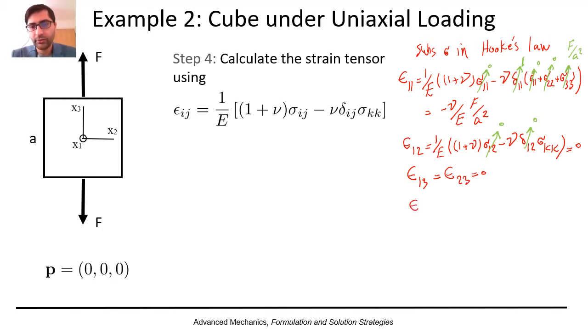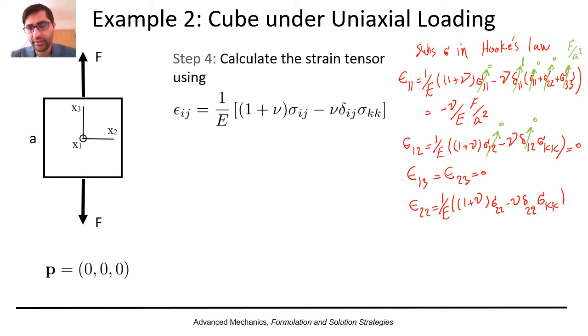For epsilon 2, 2, we have the same as epsilon 1, 1. It's basically 1 over E multiplied by 1 plus nu sigma 2, 2 minus nu delta 2, 2 multiplied by sigma kk.